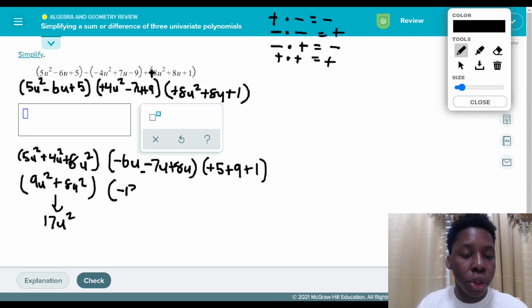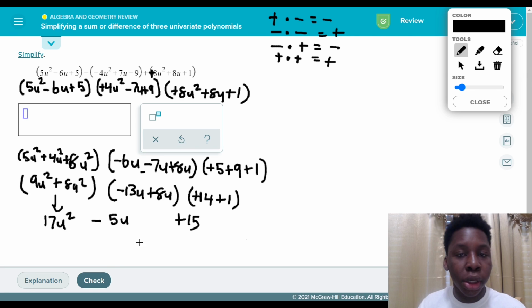Minus 13u plus 8u equals minus 5u, right? And the next one, plus 5 plus 9 is 14, then plus 14 plus 1 is plus 15. Okay, so now we've simplified each one of them.